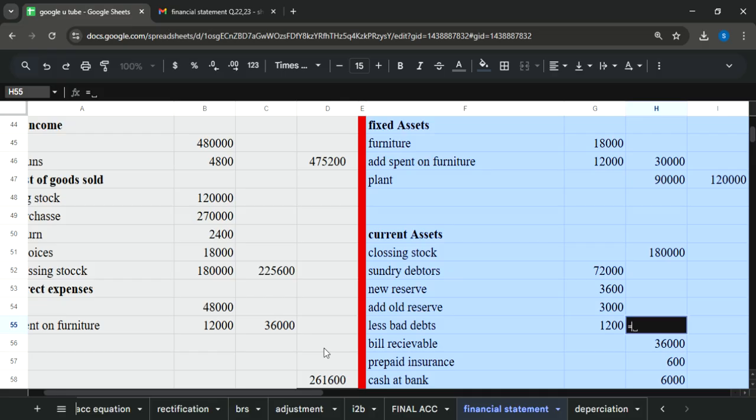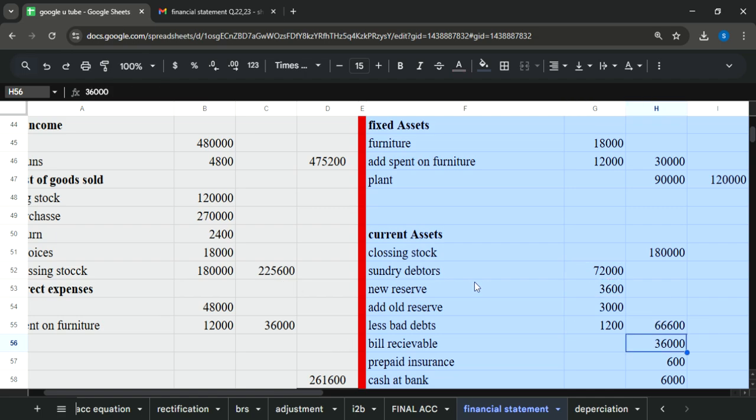You will have to be very much attentive. First we will take debtors, and then you will subtract what? Answer of new reserve plus old reserve minus bad debts, and in this way you have got final answer of debtor.